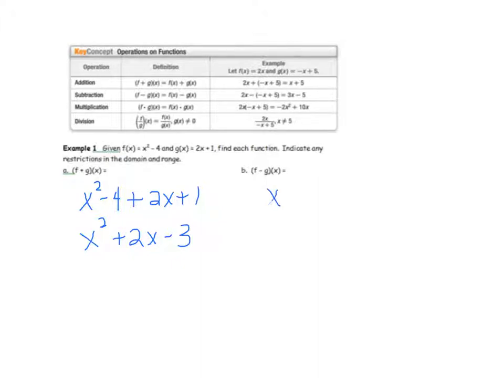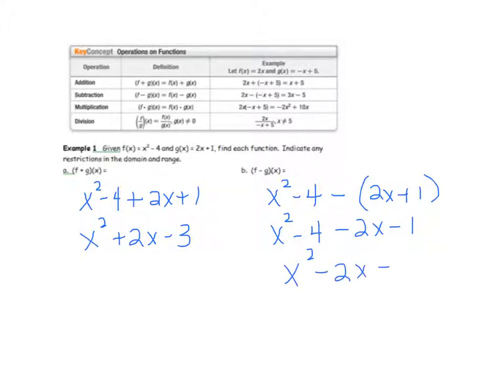We would have x squared minus 4, which is f, minus, but this time I'm going to put g in parentheses because we want to distribute the negative. So this will be x squared minus 4 minus 2x minus 1. And you can see quite clearly that you get a different polynomial when you subtract.